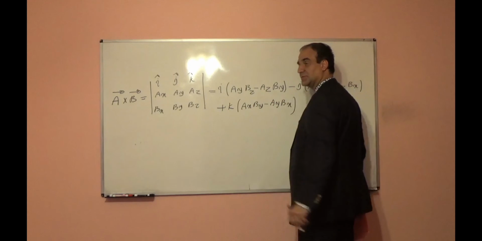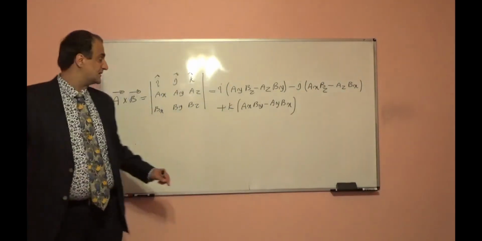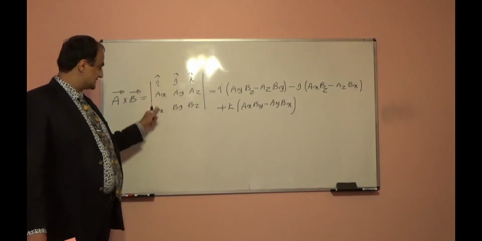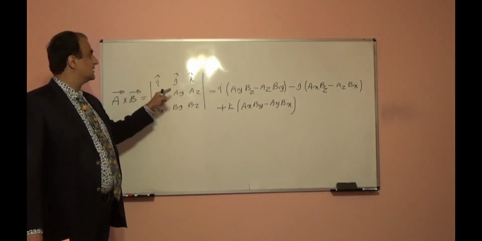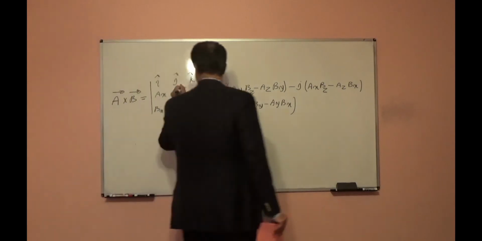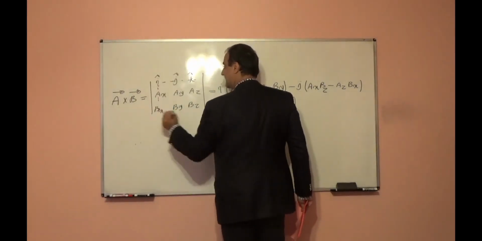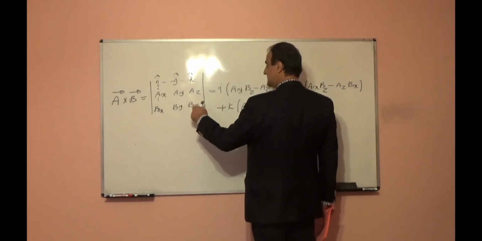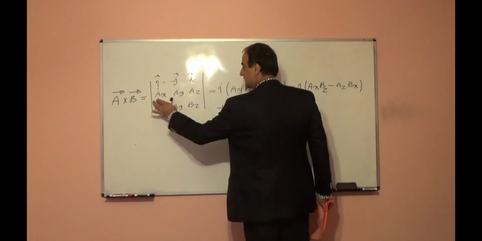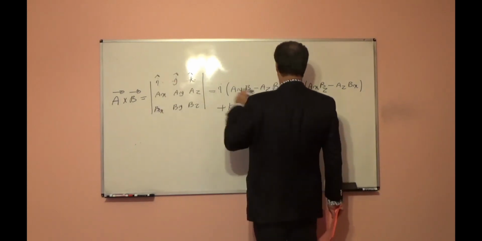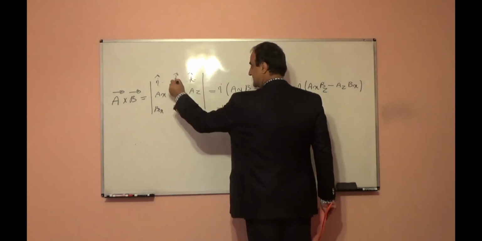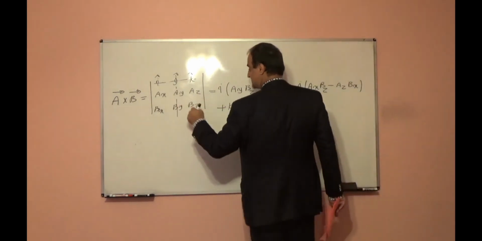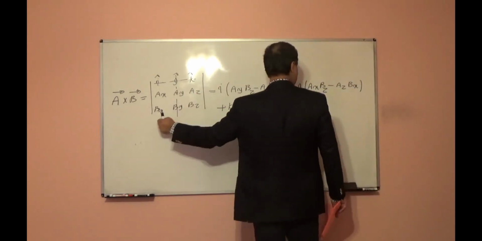I'm sure you know how to expand this determinant, but I will explain here. For the first term, i, you cancel this row and this column, and put i times, inside parentheses, AyBz minus AzBy. For the second term, you put negative j, cancel this column and the first row, so it will be AxBz minus AzBx.